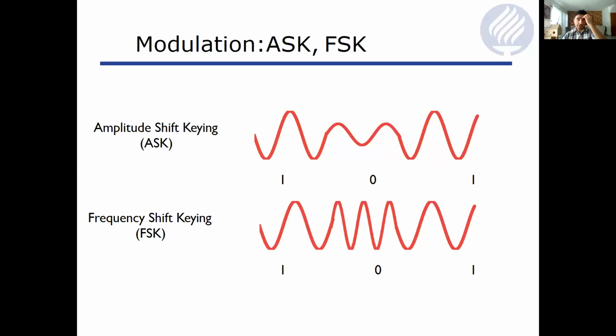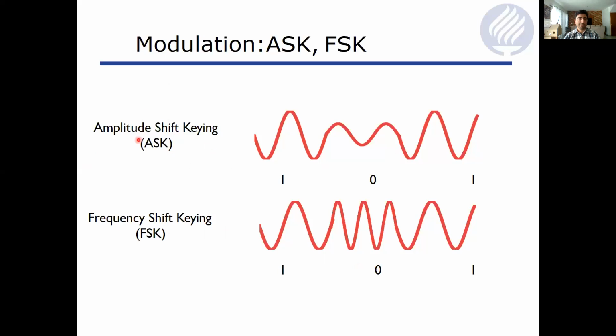So given that we are using waves, there's a whole bunch of ways we can represent bits. For example, here you can see two different examples, amplitude shifting and frequency shifting. Amplitude shifting is basically one of the simplest ways we can represent bits.